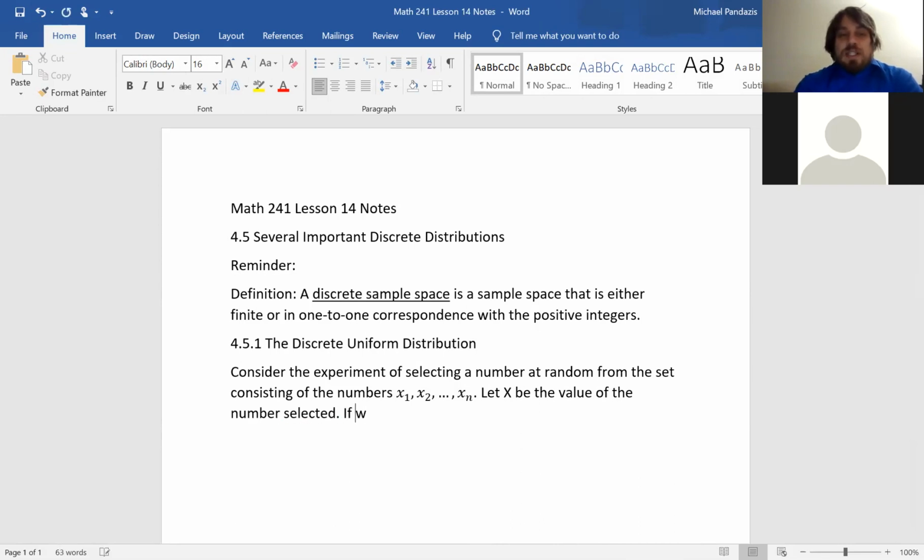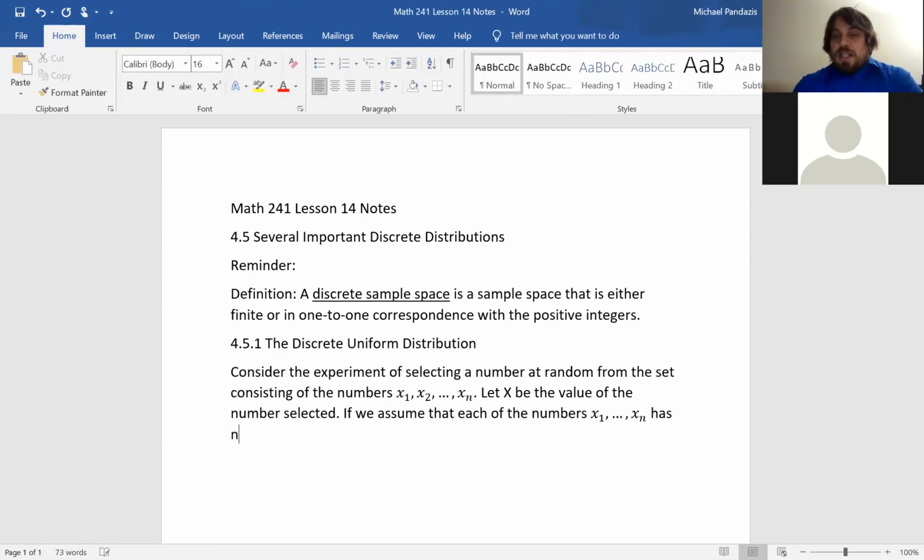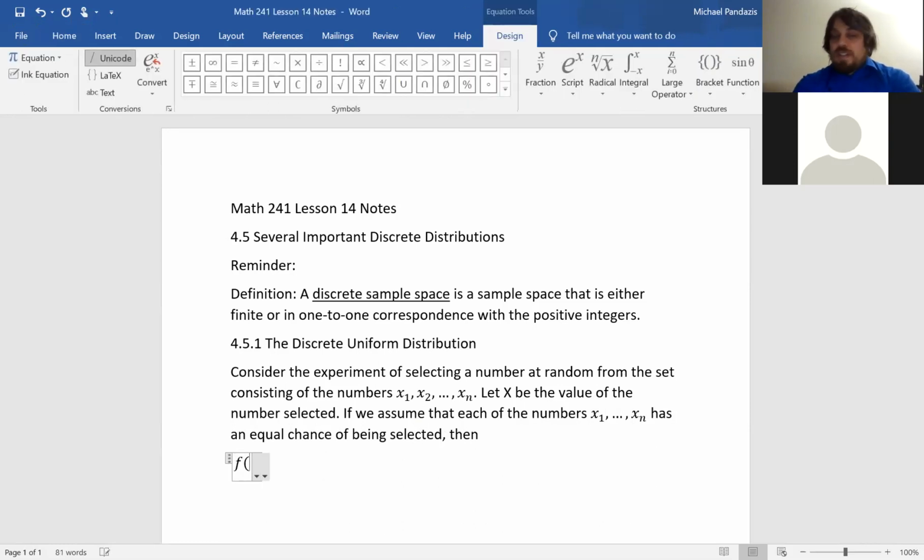If we assume that each of the numbers x1 to xn has an equal chance of being selected, then f of x sub i is equal to the probability that capital X is equal to little xi, and that's equal to 1 over n.